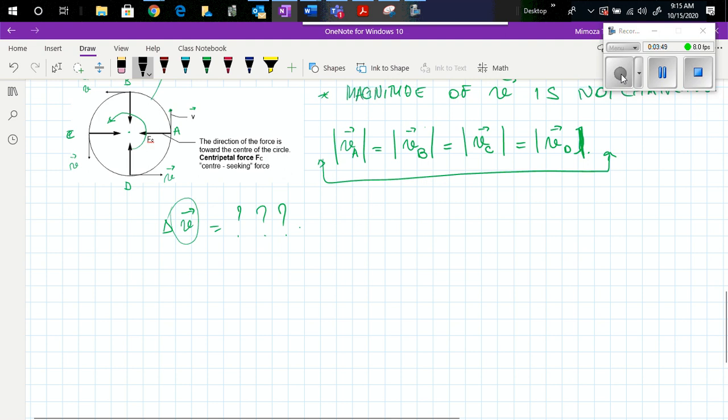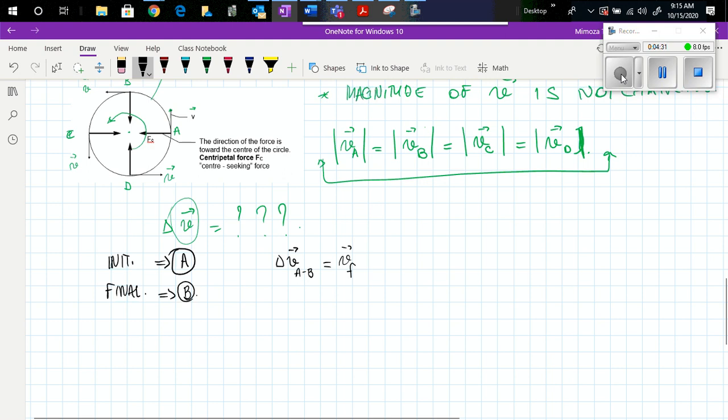And just to prove what I said, let's suppose that the object starts at point A, and just for simplicity, let's go through point C so that you can see that the change of the velocity is happening, and the final is at point B. So now what we are looking for is the change of velocity as the object is moving from A to B. The change, this delta, like any change, is final minus initial.